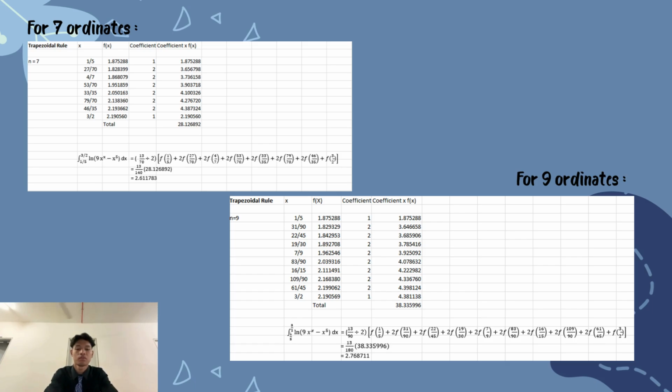For fx, start with 1.875288 followed by 1.828399, and lastly 2.190560. For the coefficient, start with 1 followed by 2 and lastly end with 1.